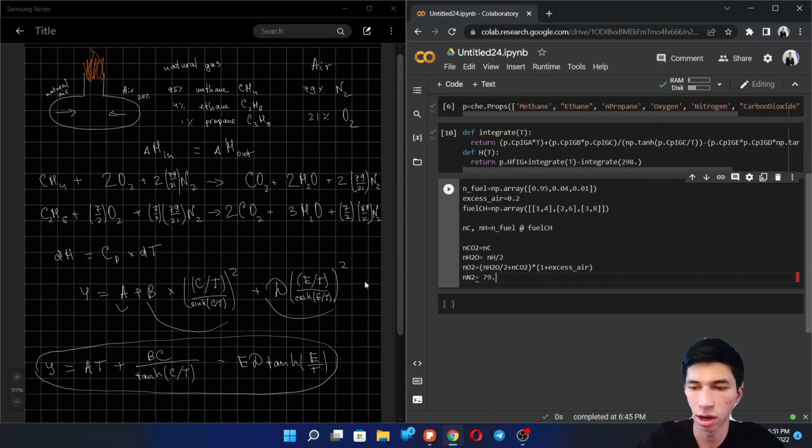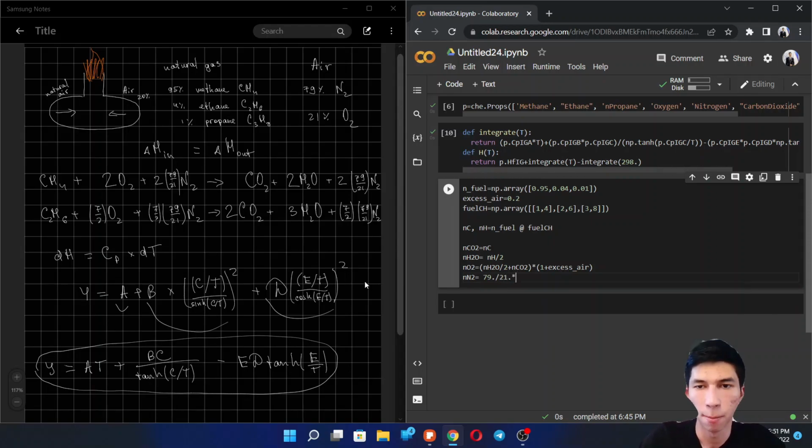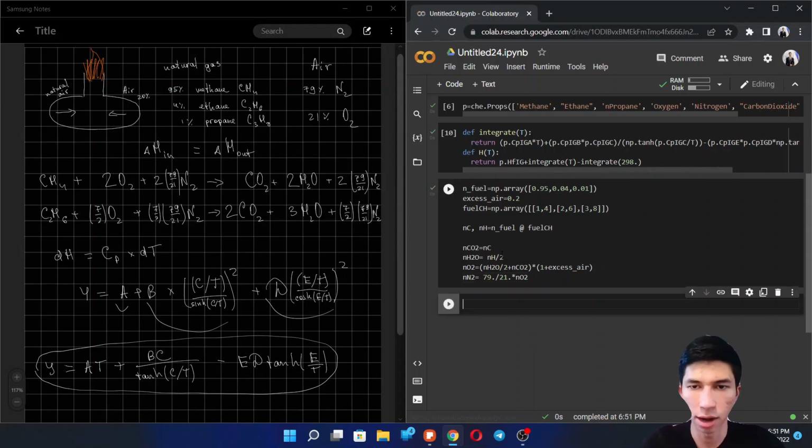So we have 79 over 21 multiplied by the mole of oxygen. So if we increase the amount of oxygen, the amount of nitrogen is going to increase automatically. So it's going to be dependent. Okay, let's just run it.